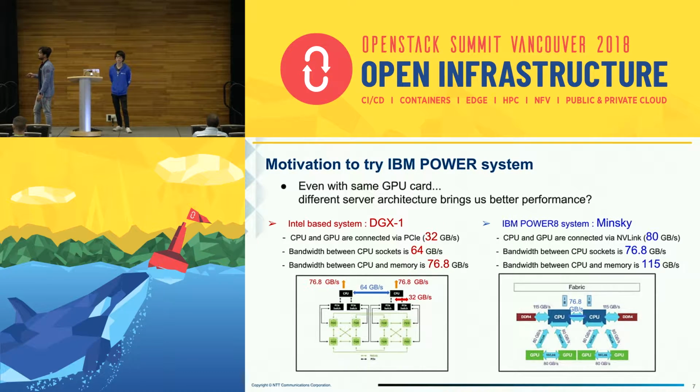But in DGX1, CPU and GPU are connected via PCIe. That's why the bandwidth is higher in Minsky as compared to DGX1. Also, the bandwidth between CPU sockets is higher in Minsky. And the bandwidth between CPU and memory is also better in Minsky as compared to DGX1. That's the reason we decided to integrate the Power system into our OpenStack environment.